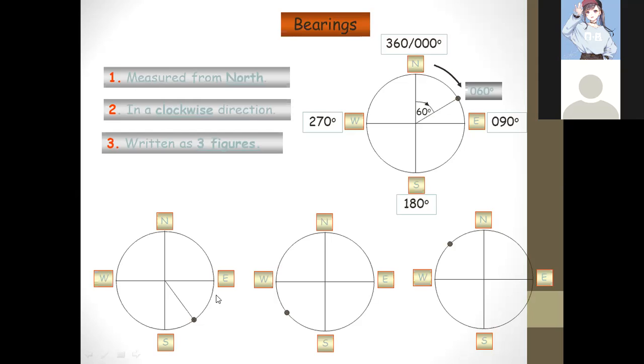Yes. 150. Let's see your estimation. How much is that? It's 145. That was a very close estimation. But always remember, Israa, that we always go due north in a clockwise direction. When you said 200 and something, it seems you went anti-clockwise. Remember: north, clockwise direction, and in 3 figures.